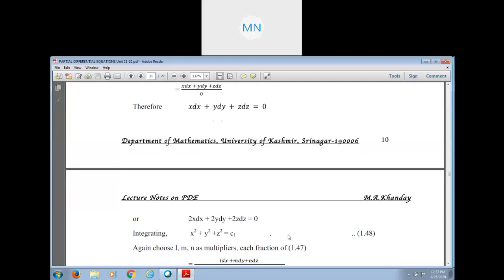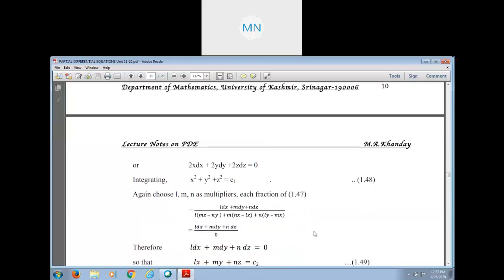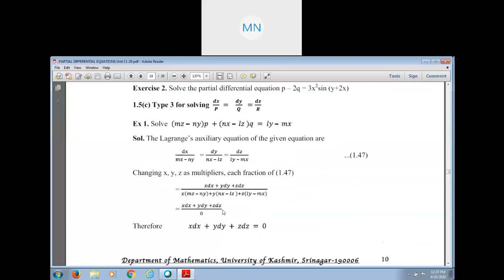Okay. This is the first independent solution, and to get another solution we multiply each term by l, m and n. First you have to multiply by x, y, z, and in the second step you have to multiply by l, m, n, because we cannot directly multiply this one.